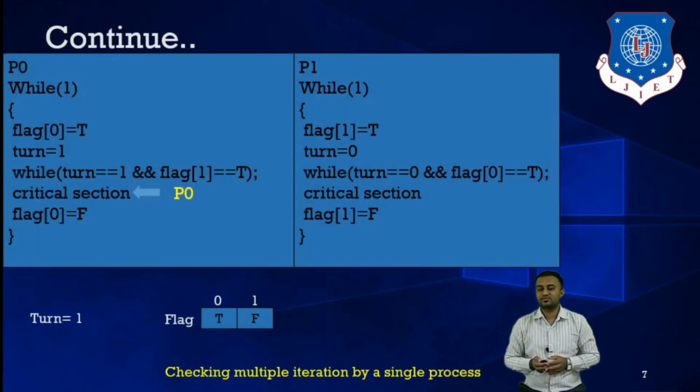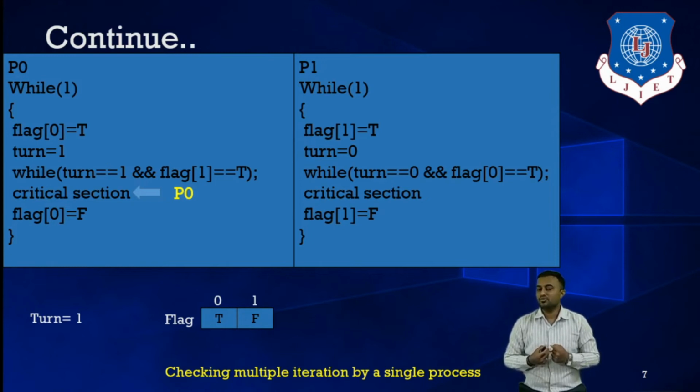In progress, we need to check first, if any process wants to enter into the critical section multiple times, then the system needs to allow that process to enter into the critical section multiple times, because it is one of the properties of progress.